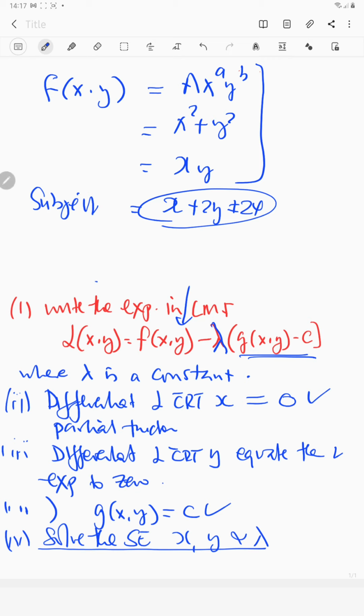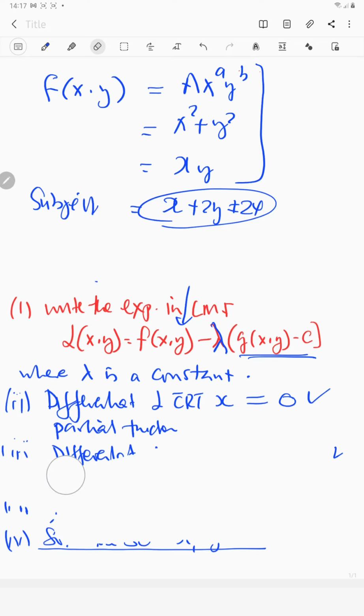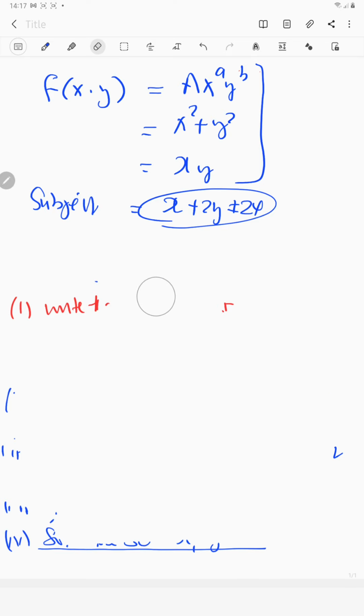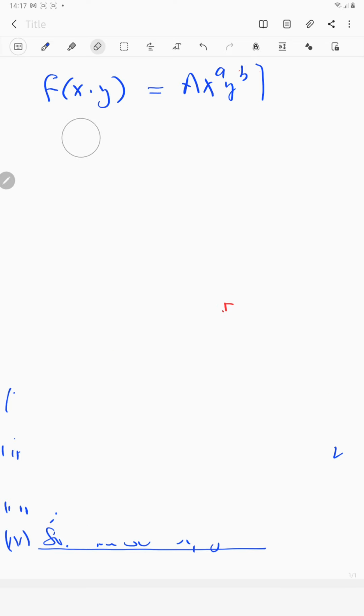Now let's look at the following, just to quickly apply the context and then determine the value.